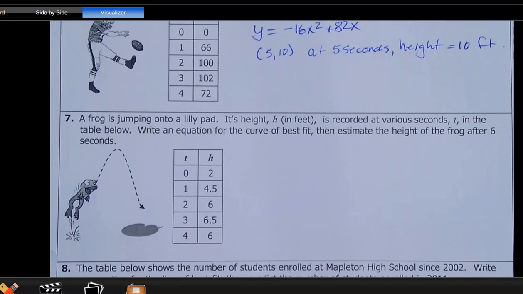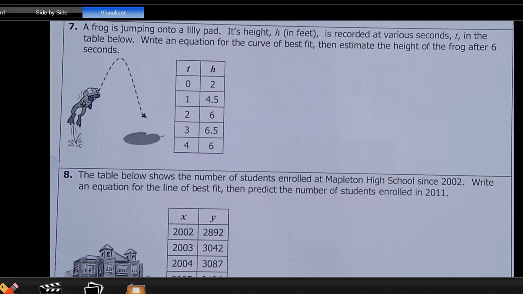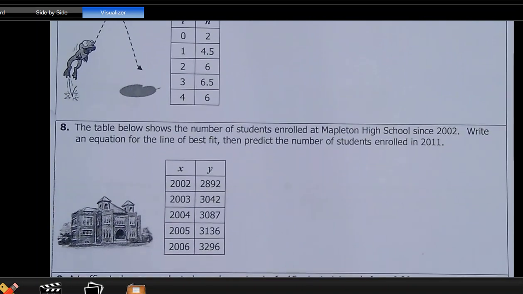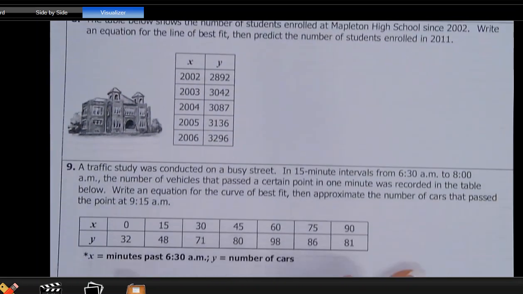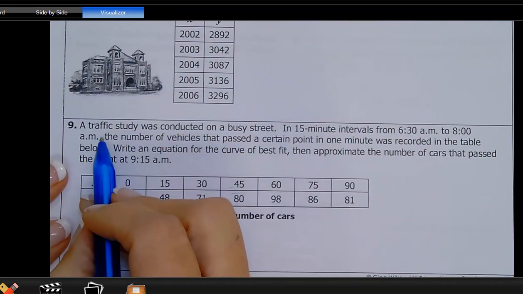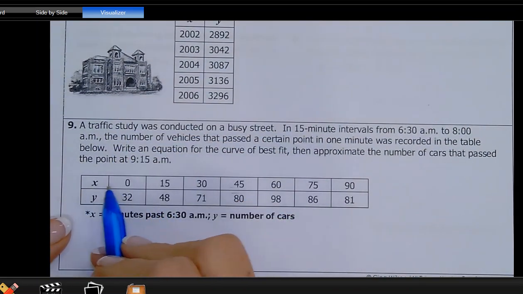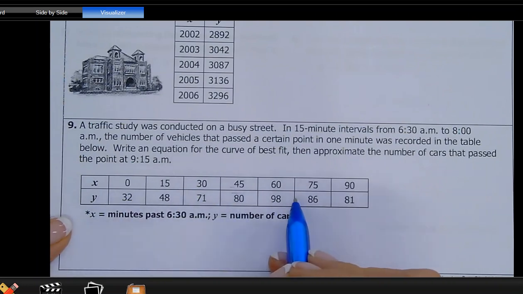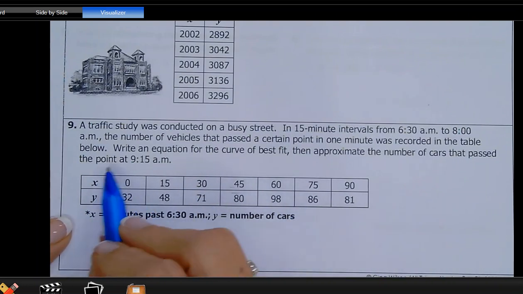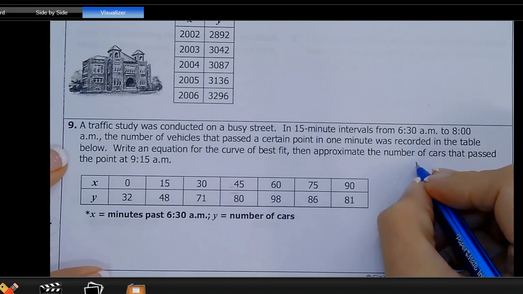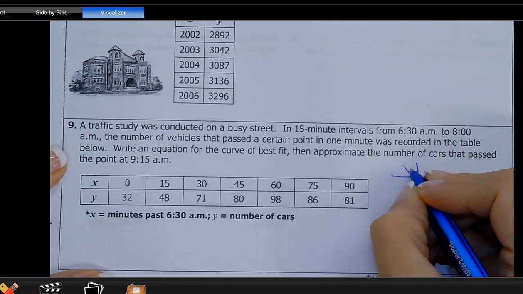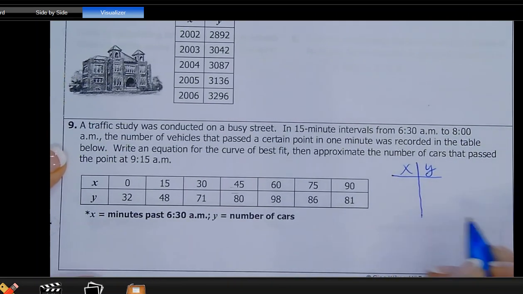Okay, so you're going to try 7 and 8, and you'll be able to check your work because your key is in Schoology. And then for number 9, it's the same idea. We just have horizontal data. So when you're entering this in, you're going to kind of have to transpose it so that you can put it into Desmos, okay?